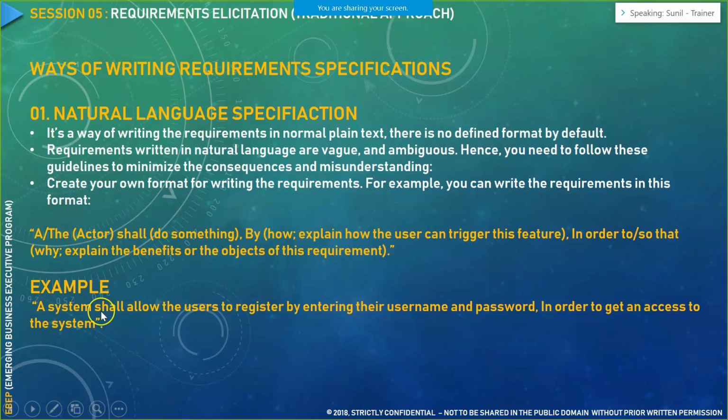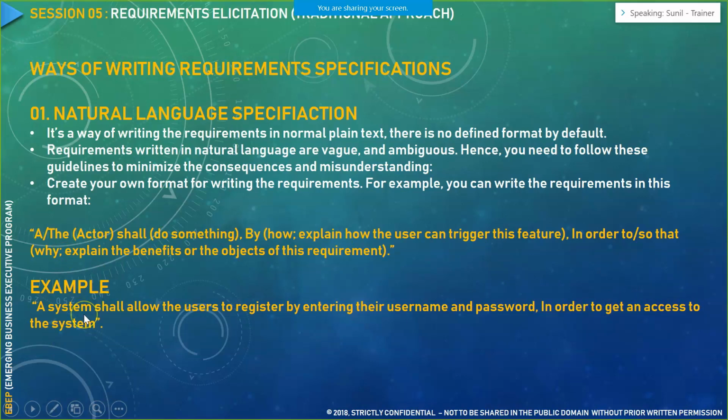For example, the system, here system is the actor, shall allow the user to register. Register is the action, do something by entering. Entering is the how, their username and password, and in order to why, that is get access to the system.